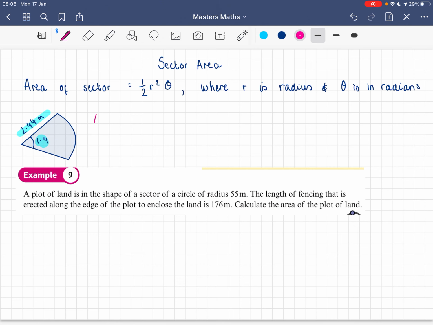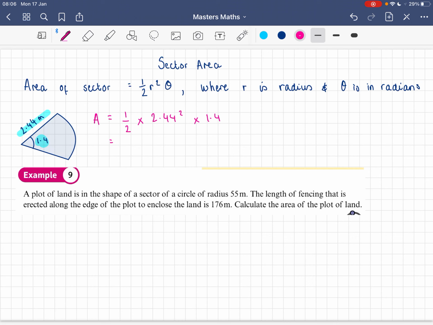Okay, so we are going to put it into the formula, which should be nice and easy. We're going to do a half times the radius squared, so 2.44 squared, multiplied by the angle, which is 1.4. Pop that into your calculator. At this point, it doesn't matter so much if your calculator's in radians, because we're just multiplying numbers together.